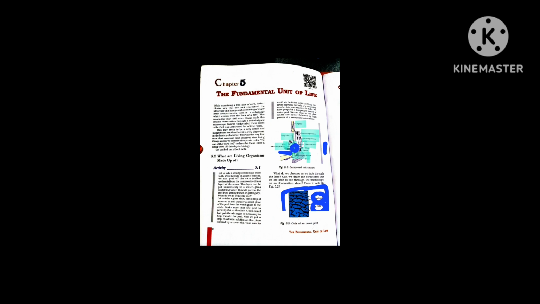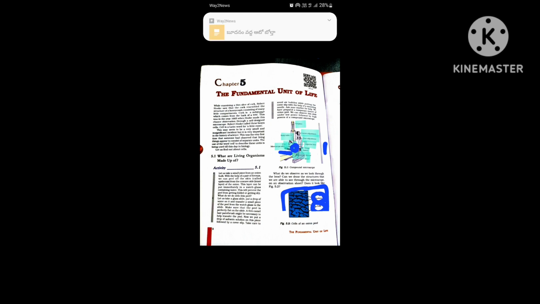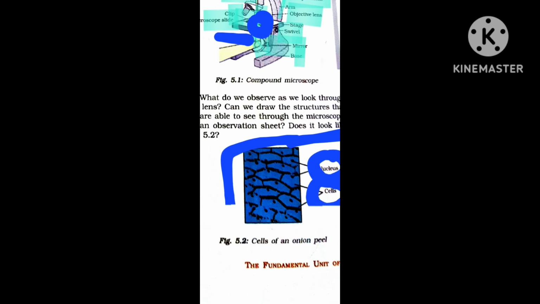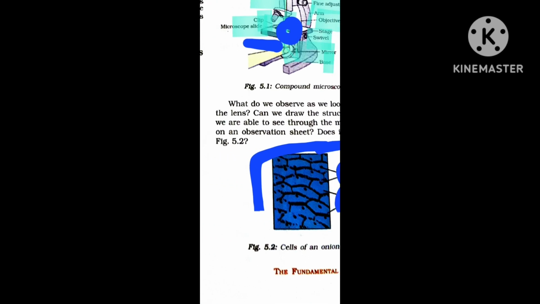What will you observe? There will be a structure, like a blue one, right? Beside that, we can see how it looks like bricks, right? Before constructing a building, we arrange the bricks like this.